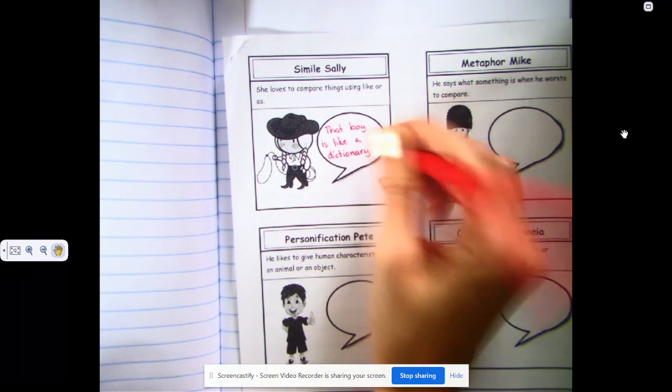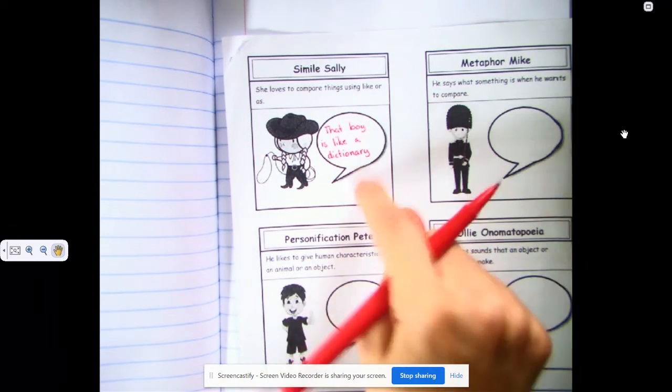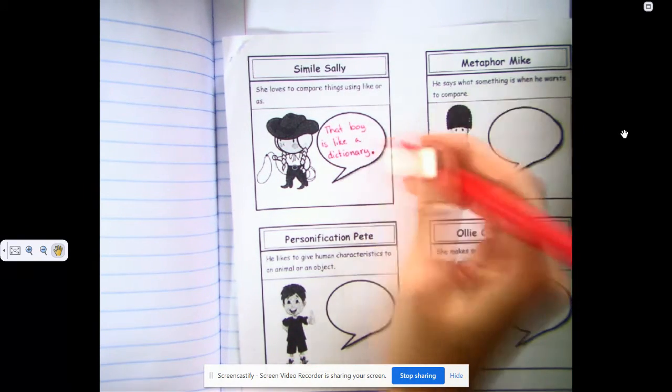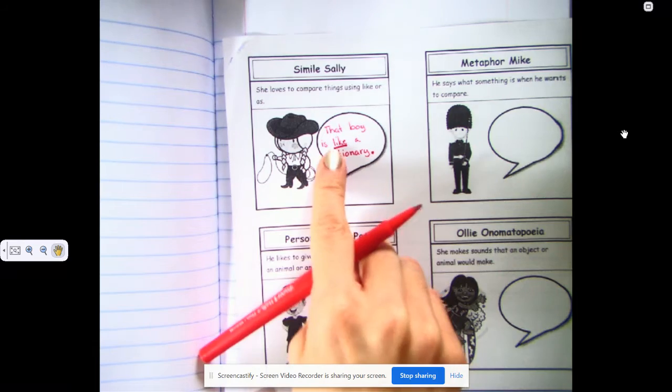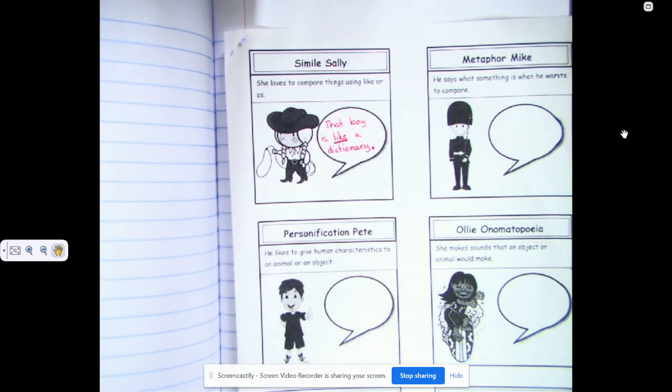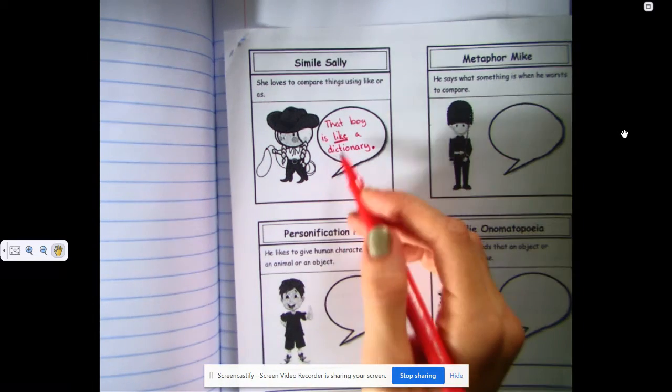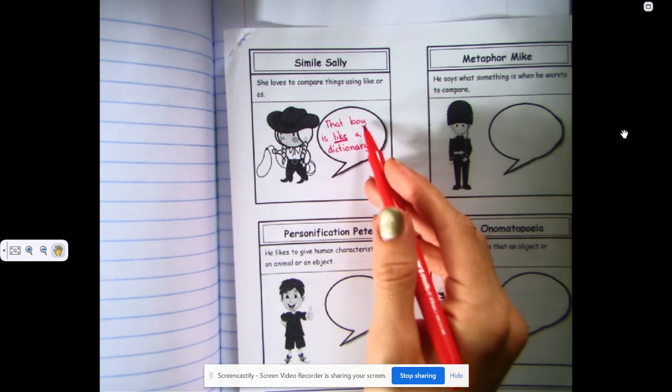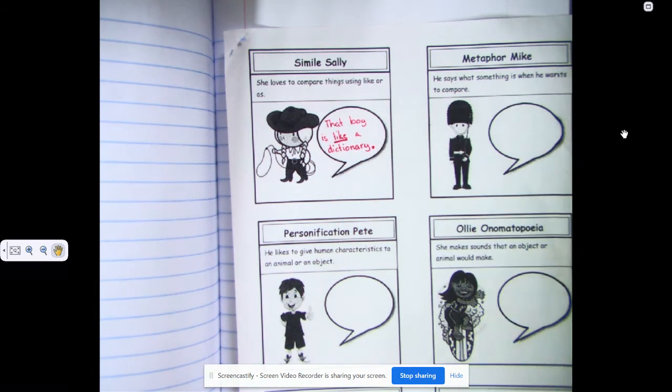So I'm comparing the boy and a dictionary using the word like or as. Here, I'm using the word like. We are not saying that this boy is a dictionary. We're comparing him to a dictionary. So we probably mean that he has a really good vocabulary, or maybe he's a really good speller.